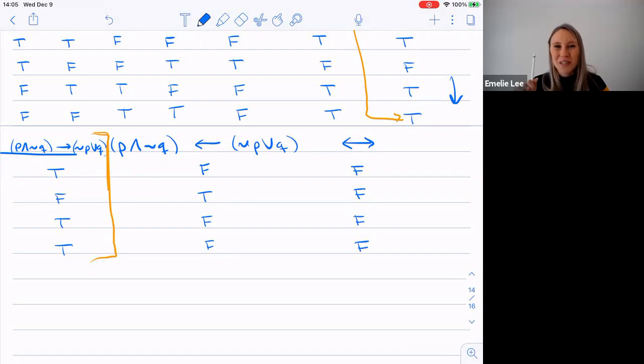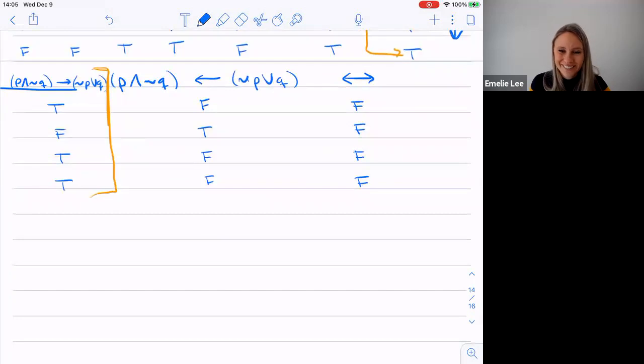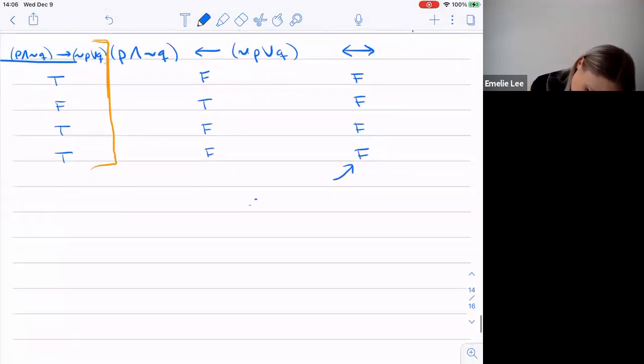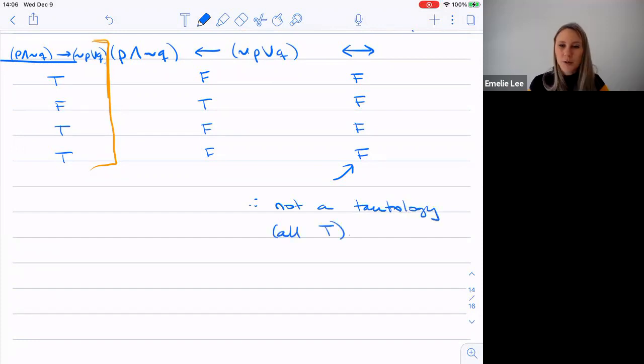I wonder what the opposite of a tautology is. And all false there. Therefore, not a tautology, which would be all true.